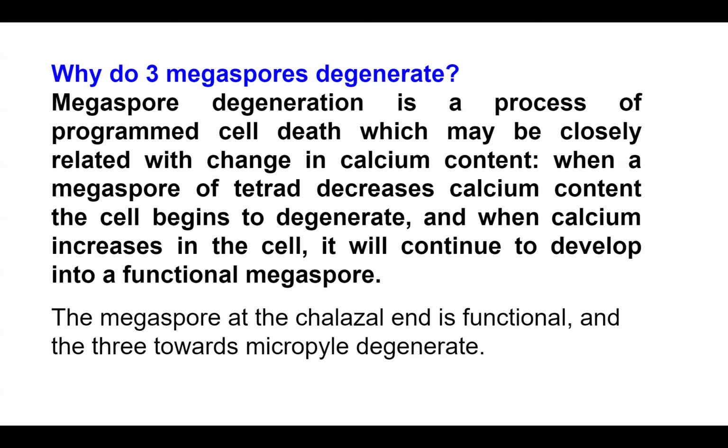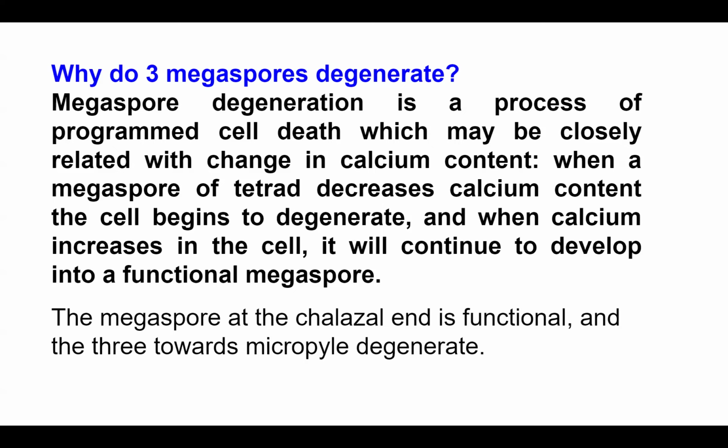When the calcium content in the megaspore tetrad cell decreases, it begins to degenerate, and when the calcium increases in the cell, it continues to develop into the functional megaspore. A lot of calcium is required, hence there is a reserve of calcium when three cells degenerate and I have only one functional megaspore cell.